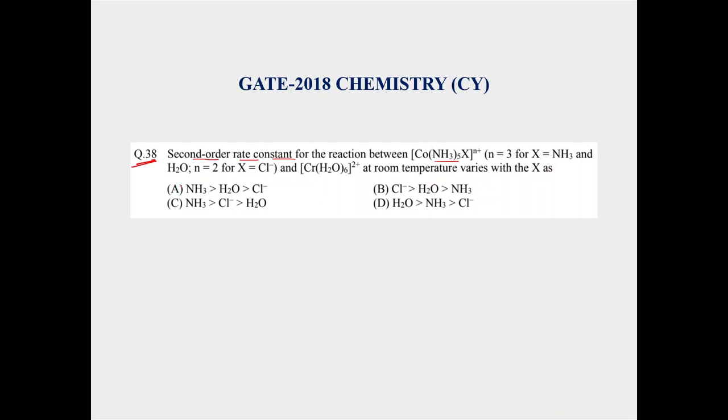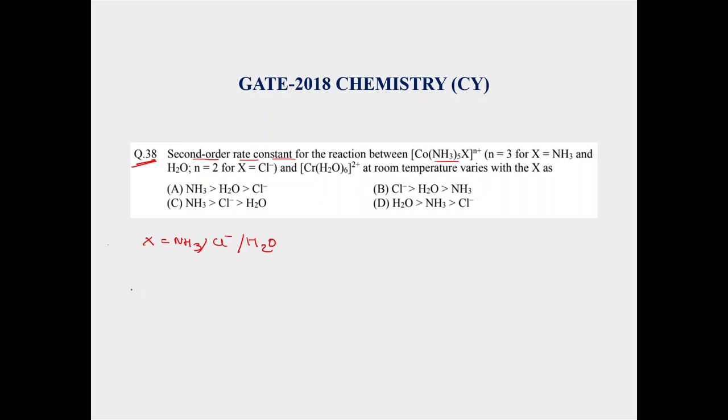So three options are given, three ligands are given, like X is NH3, Cl minus or H2O, and we have to find out the order of the second order rate constant for this reaction. Okay.